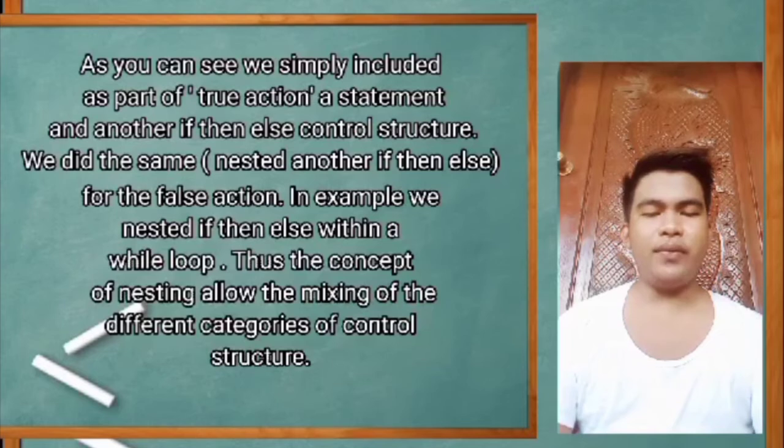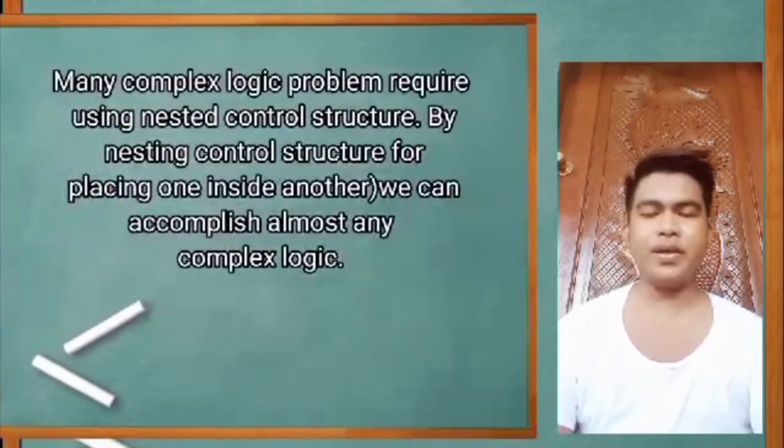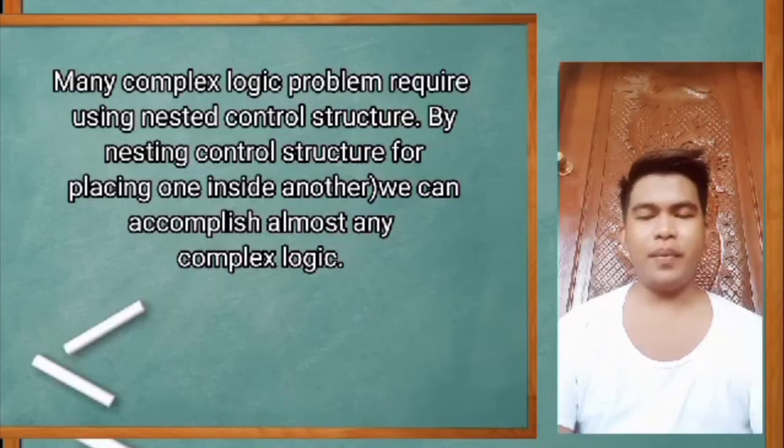Nesting control, here we have an if then else within a while loop. Thus the concept of nesting allows the mixing of the different categories of control structure. Many complex logics require using nested control structure. By nesting structures, placing one inside another, we can accomplish almost any complex logic.